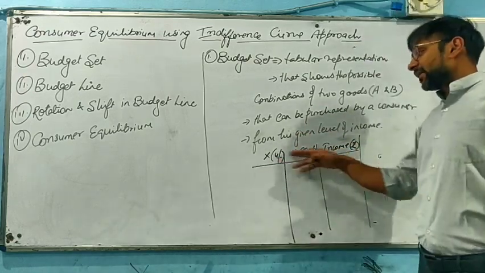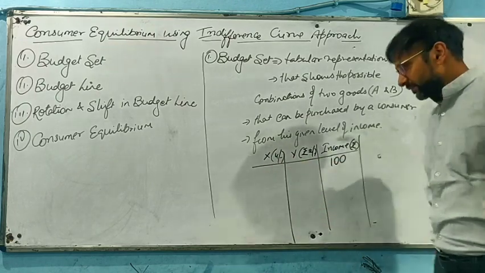It means these are the values by which we can purchase X and Y units.